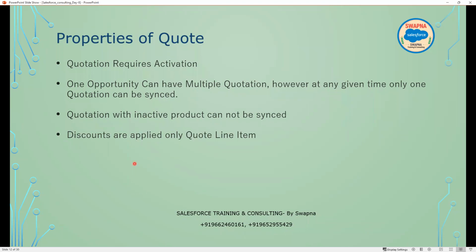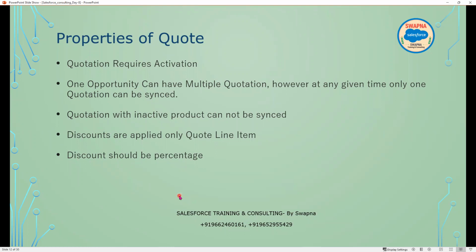Discounts are applied only on the quote line item, and discounts are in the form of percentage. It's not in the form of amount, like 20,000 or 30,000. It will be 5%, 10%, 20%, percentage wise.